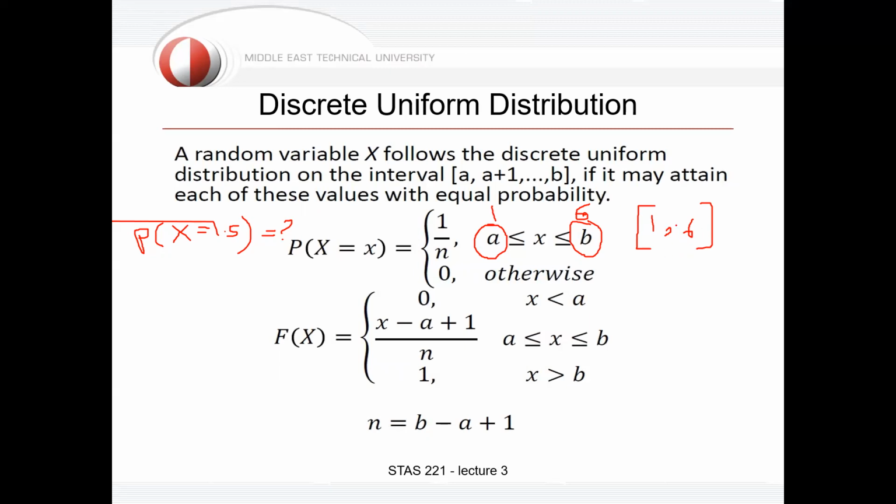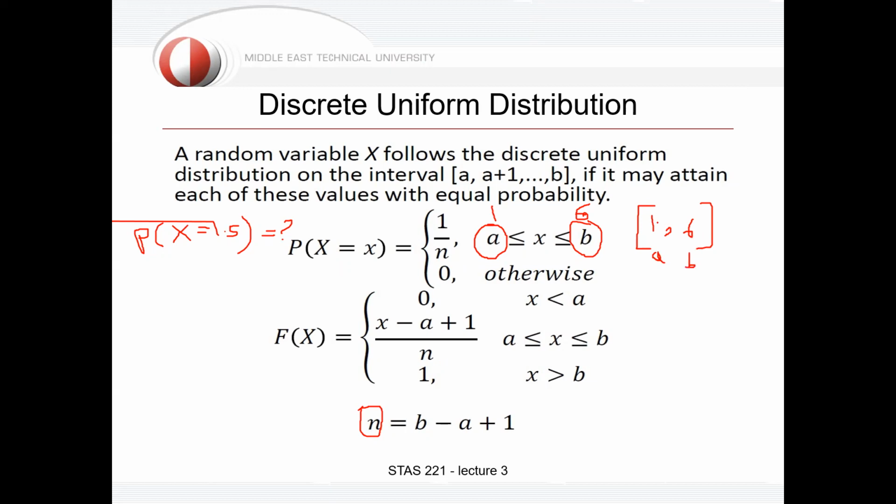But how to find the probability for each one of them? So obviously, each one of the events over the total number of possibilities. And here we call them lowercase n. So how to calculate it? Here, 1 corresponds to the lower boundary and 6 to the upper one.